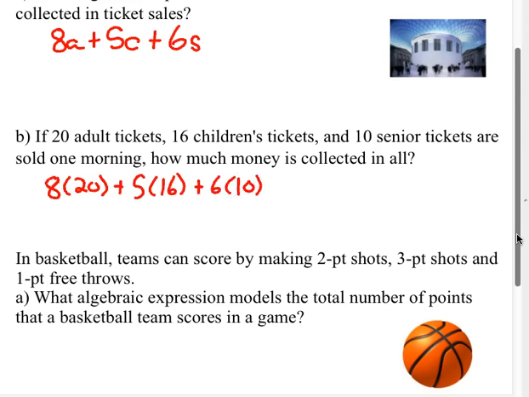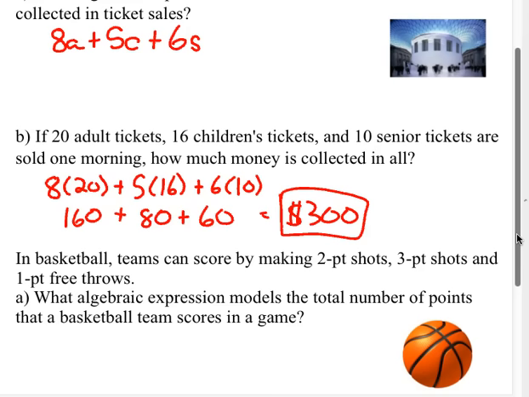So if that's the case, well now I spend 160 on the adults, 80 on the children, 60 on the seniors. So that's going to add up. They're going to have spent $300 for those tickets.